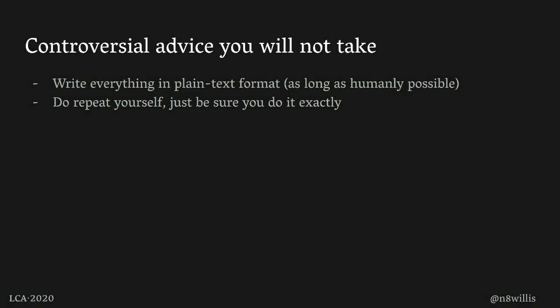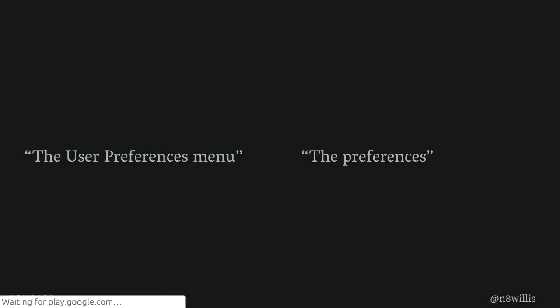Secondly, and this has come up before, you do need to repeat yourself, because your documentation is random access, whether you like it or not. But you need to take caution to repeat yourself in the exact way every time. That's considered bad writing in prose, to repeat the same term many times in a row, but it's pretty vital for technical documentation.